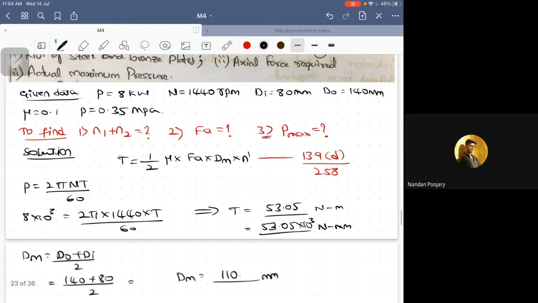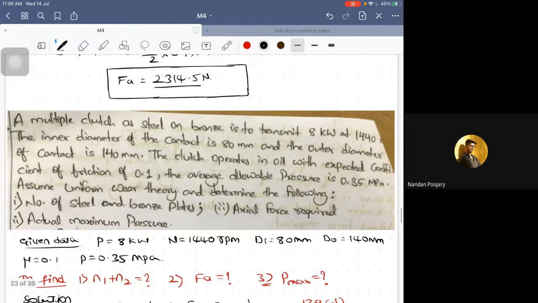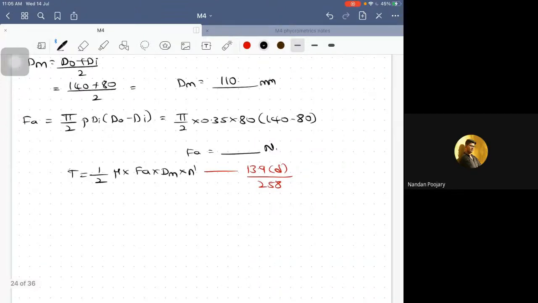It's different. Okay. Now calculate Fa. 2638. 2638.9. Good. Very good. Now substitute all the values in the torque equation.